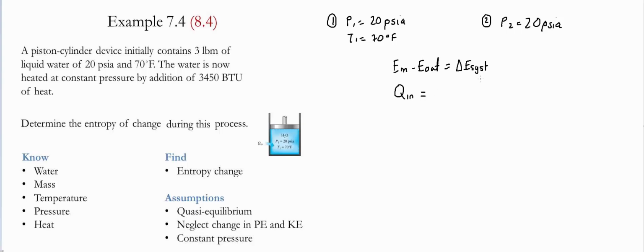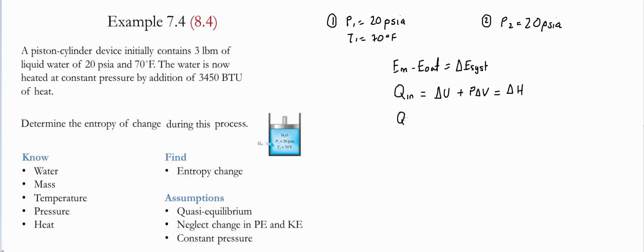And as I said, this is a closed system, so the change of energy is going to be an internal energy. And this is a piston that is allowed to go up and down and is held at constant pressure. So we're going to have boundary work, which is simply P dV. And as we recall, this is equal to the change of enthalpy.